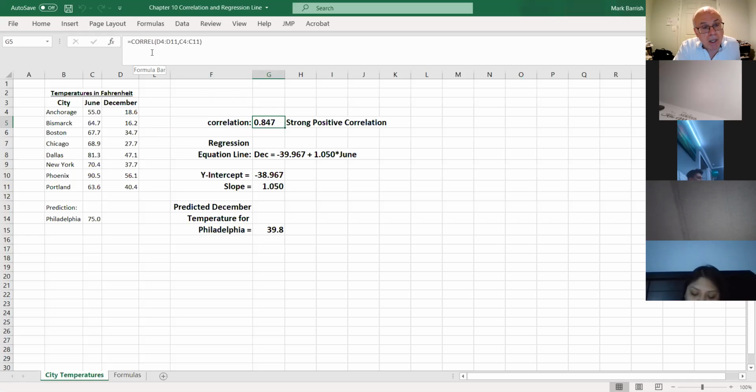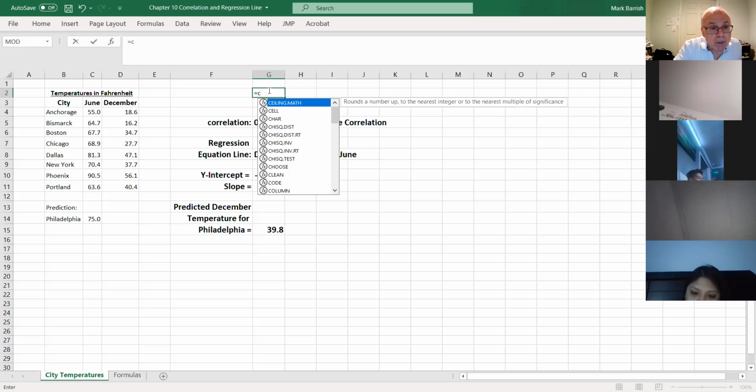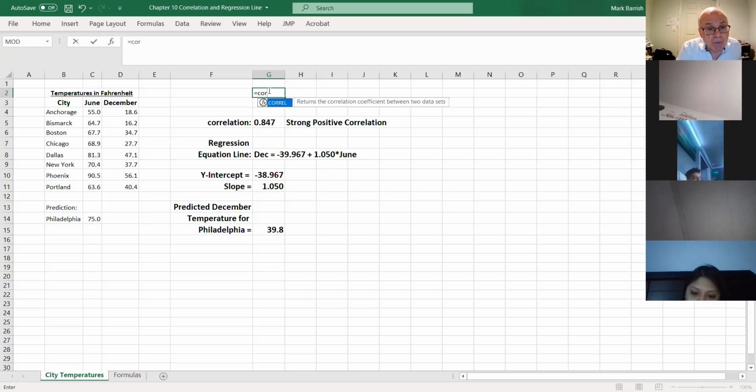If you didn't know it was CORREL, you could start typing equal and then start typing the word correlation. If I do it here, I type in equal, and then type in C, and immediately it starts giving me possible functions, and then O, and then R, and there it is.